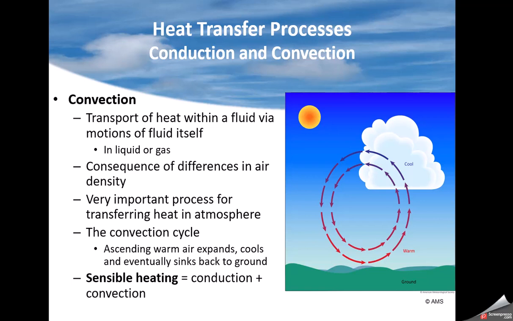That air begins to rise up, gets cooled by expansion. The higher it gets, it sinks back down to the earth. So it's just a big circle of air, and it's occurring all the time. So that is one means that heat is being transferred from the earth into the atmosphere and vice versa, from the atmosphere back to the earth.